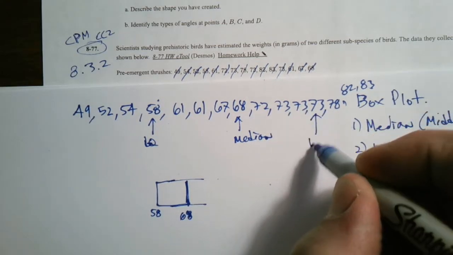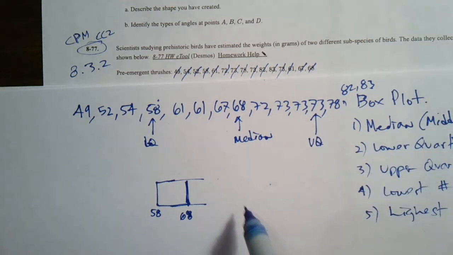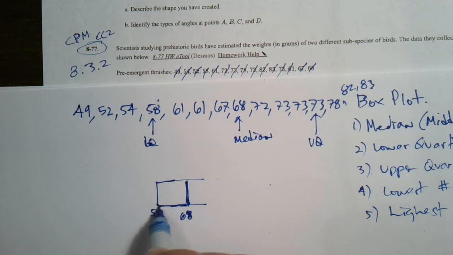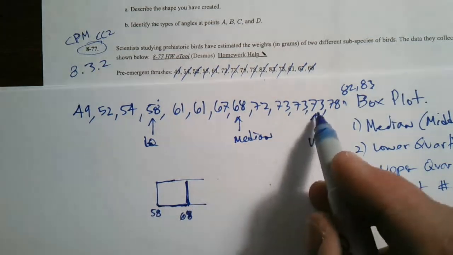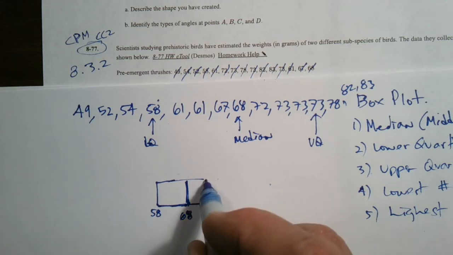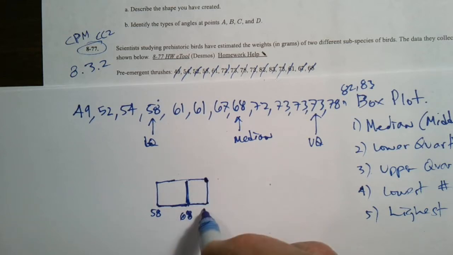So 73 is my upper quartile. So if that was a 10, and this is where you've got to get your scaling, right? So this is 58. I've got a 73, so not quite. If I have that as being my 10, I'm going to go up to 73, which is not fully 10, only 5 up. So I'll do half, 73.